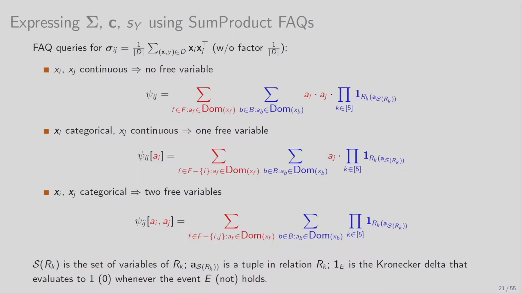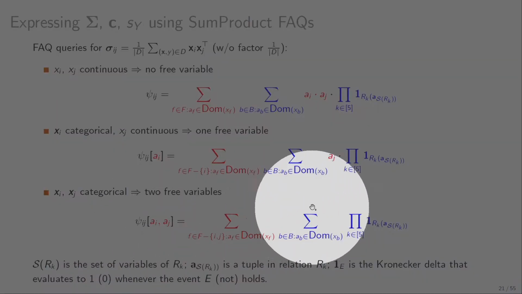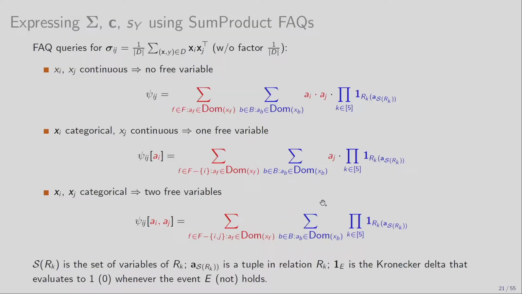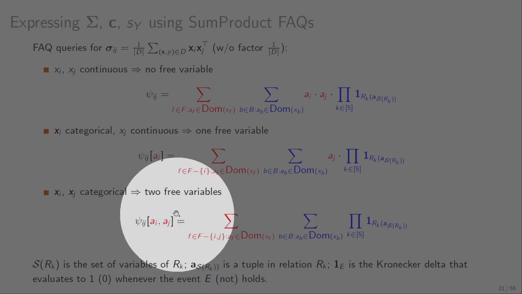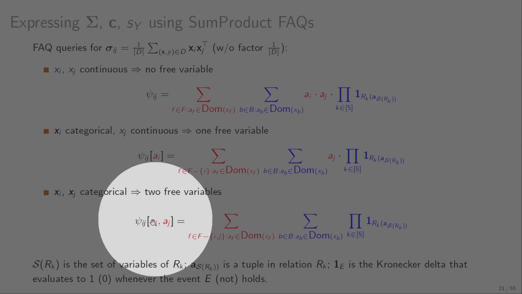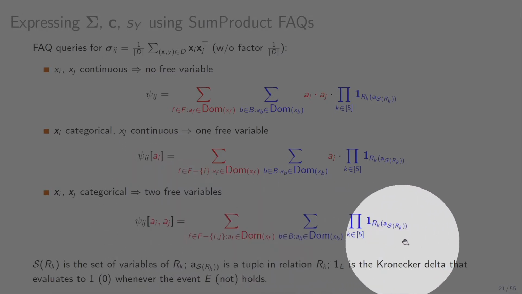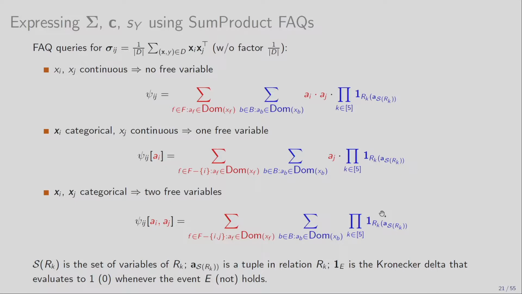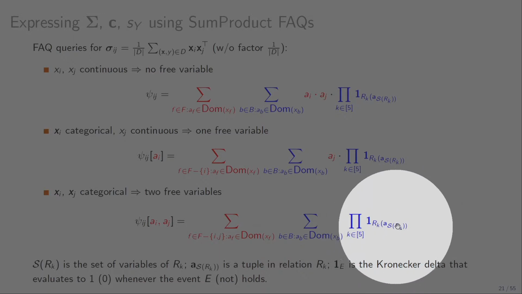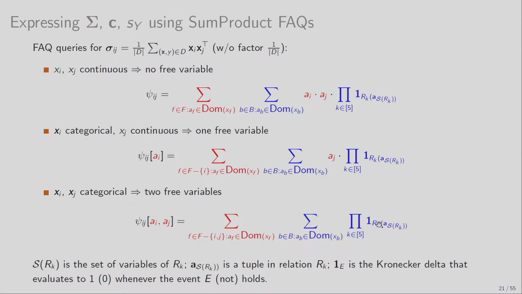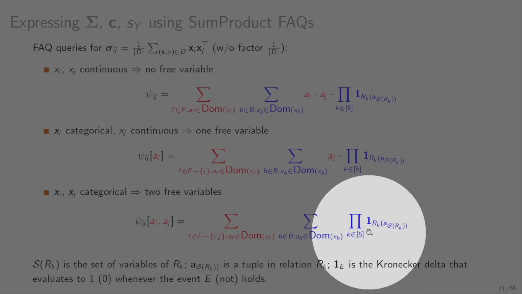And this is what we actually capture here. We aggregate away all the variables of the query, except for variables xi and xj, which can take such a pair of values ai, aj. And this product represents the join. I join all relations from R1 to Rk, which could be 5 relations in our training data set, say if it is retailers.